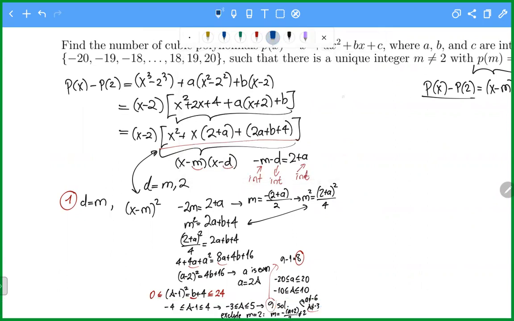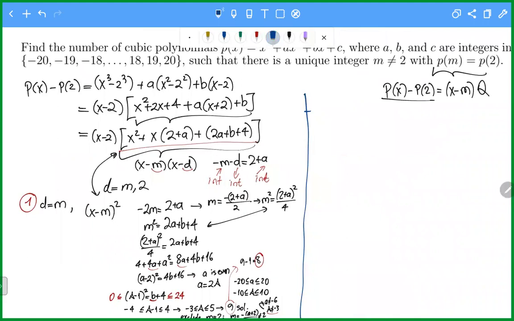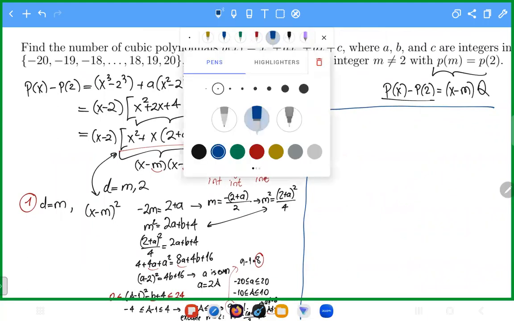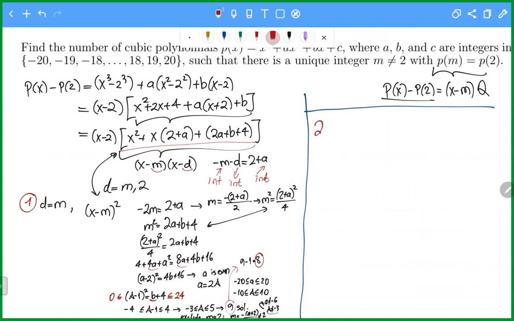I'm going to separate the first part from the second part. So let's write down case 2, and d equals 2. In this case, x minus m times x minus 2 has to equal this quadratic here.